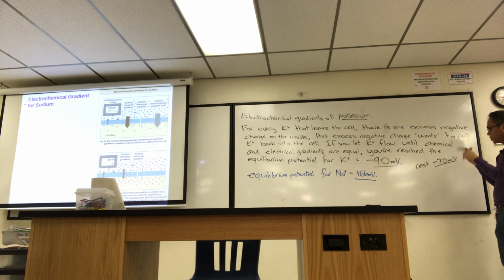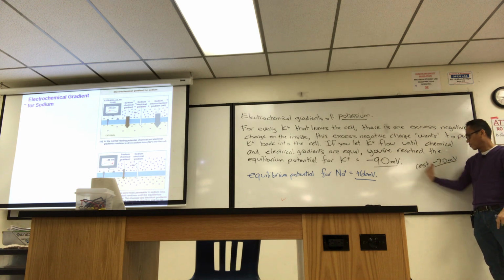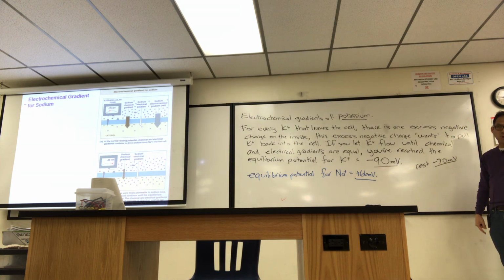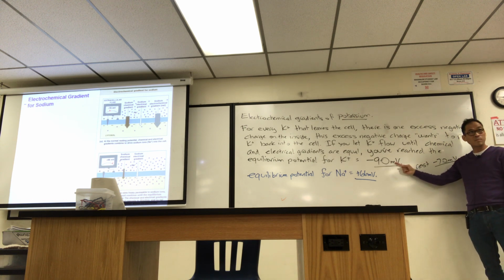Okay, which is it closer to? It's closer to that. So the cell lives at rest much closer to potassium's equilibrium potential. What that means conceptually is that cells are more permeable to potassium because rest is closer to its equilibrium.